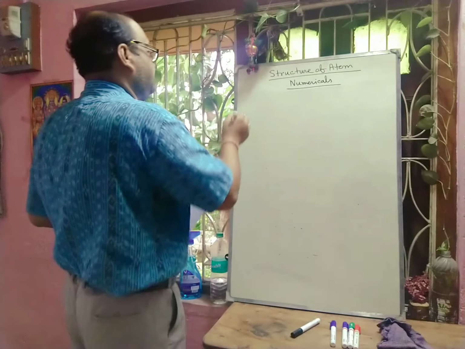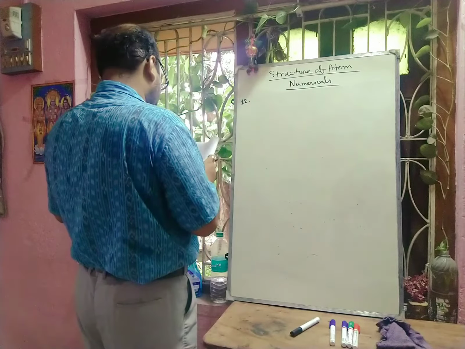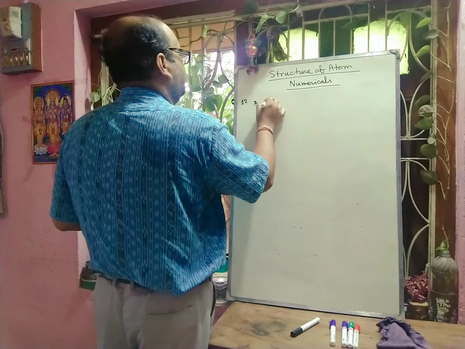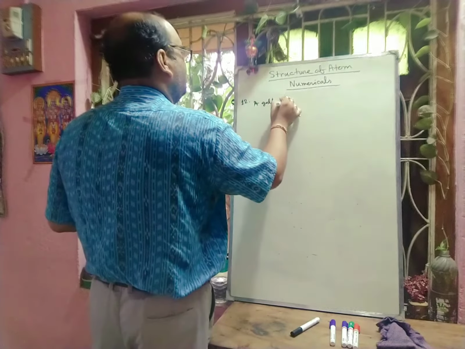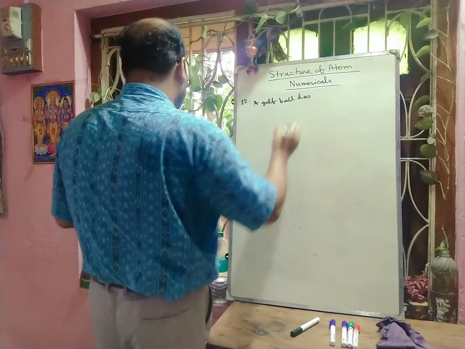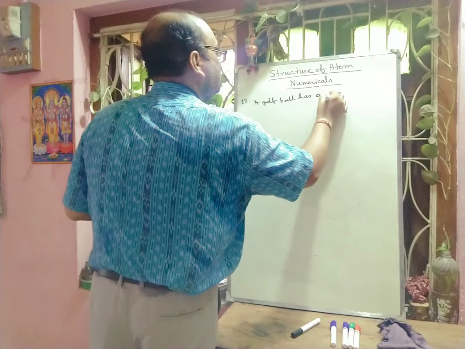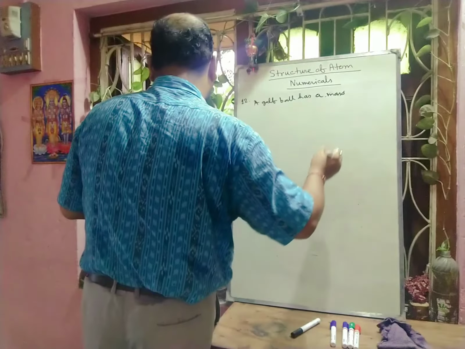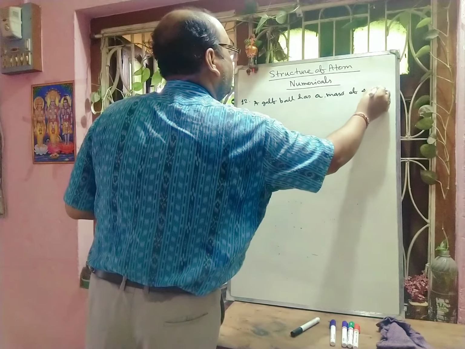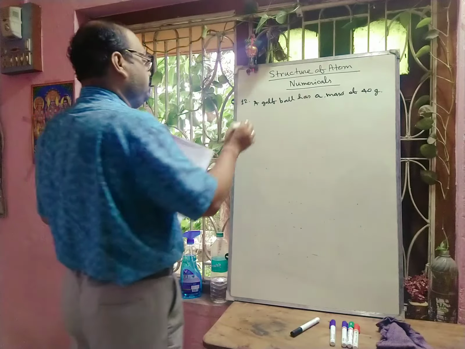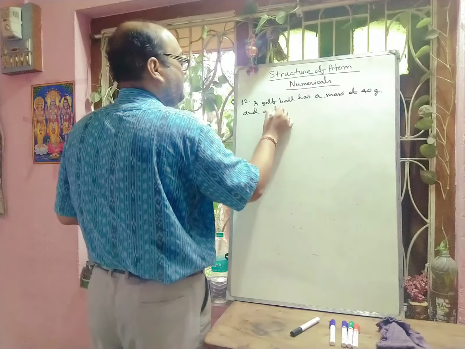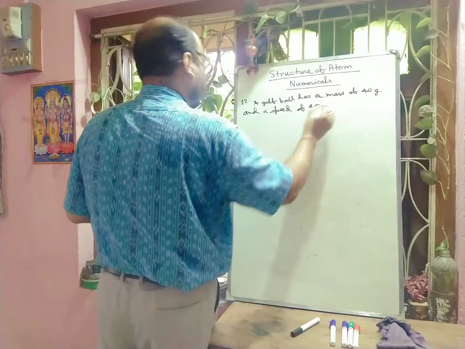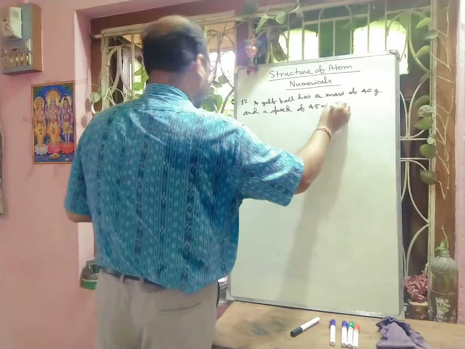Next, problem number 12. This is also based on the Heisenberg uncertainty principle. A golf ball has a mass of 40 grams and a speed of 45 meter per second.